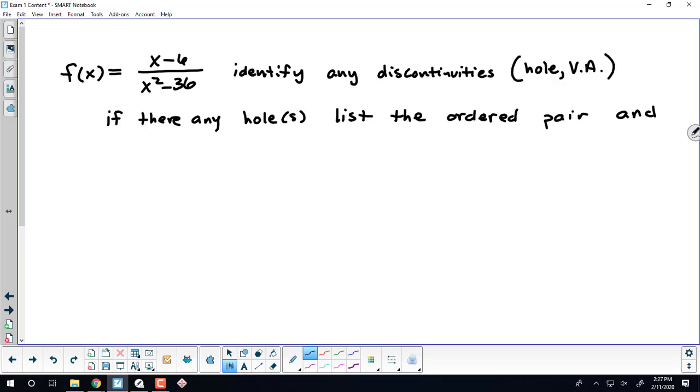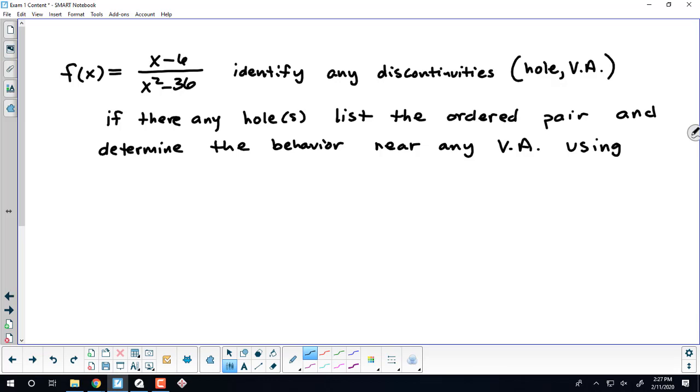And determine the behavior near any vertical asymptotes using limits. So for both, use limits, not algebra, to determine this stuff.